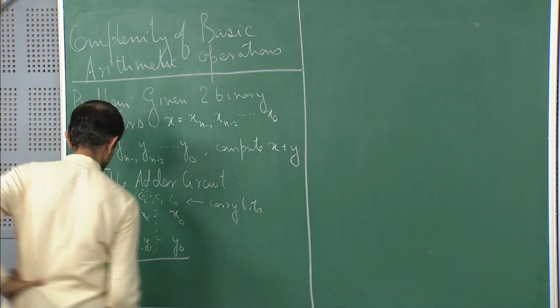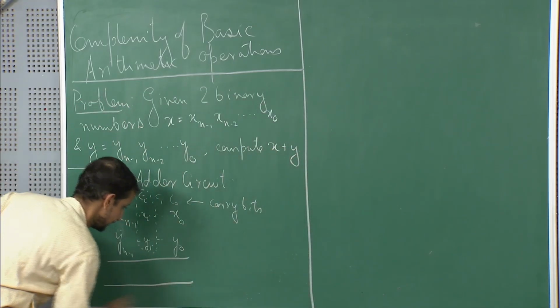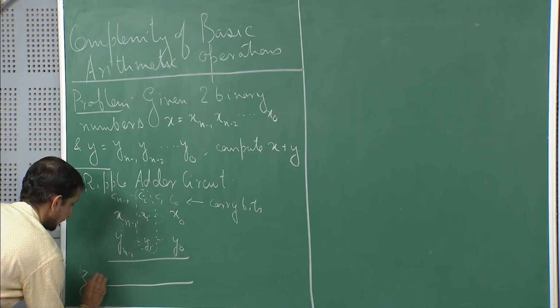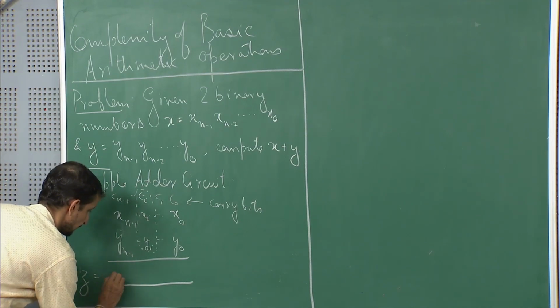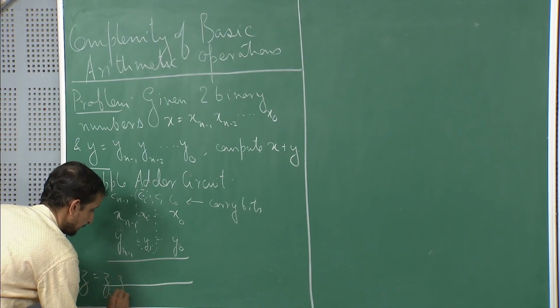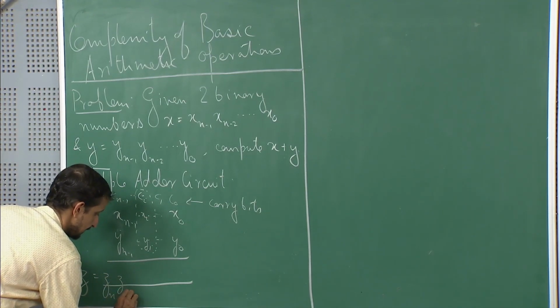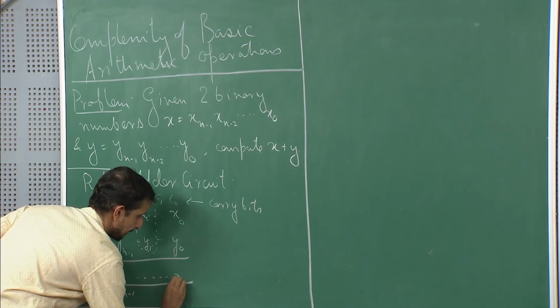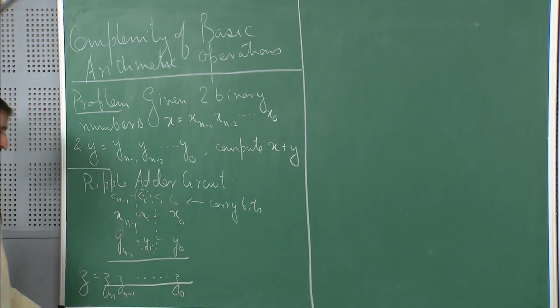Let us denote the sum by z. Z is equal to, well, there might be some extra bit over here, so let us say z_n, z_{n-1} up to z_0.